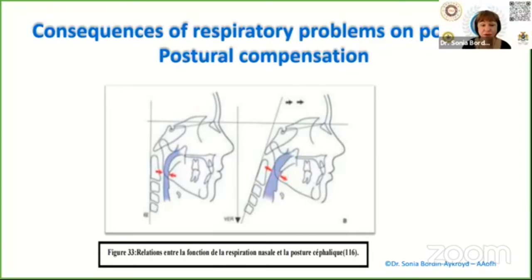Studies have shown a return to normal in patients with treated enlarged adenoids, with reestablishment of physiological nasal breathing and adequate tongue positioning. This emphasizes the importance of a multidisciplinary team approach, where we work closely with the ENT doctor, the chiropractor, the myofunctional therapist, and so on.